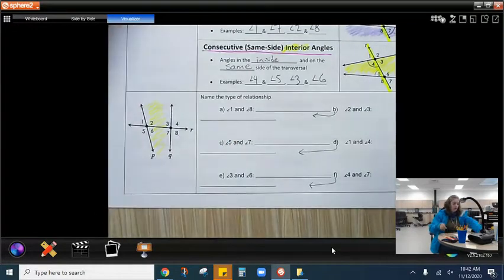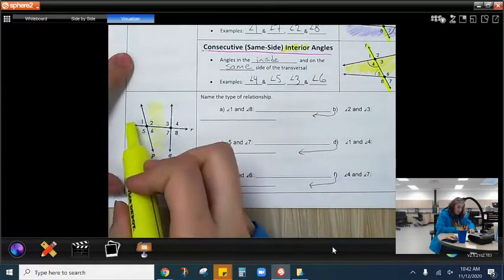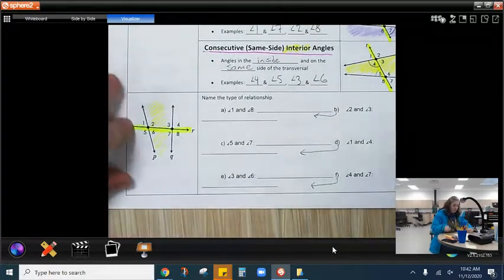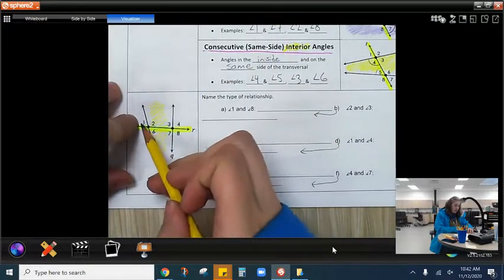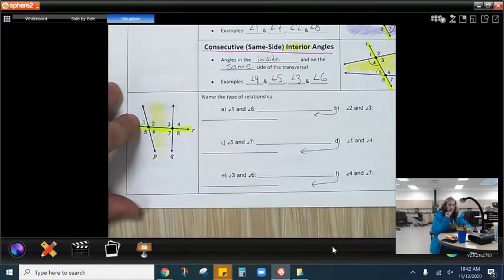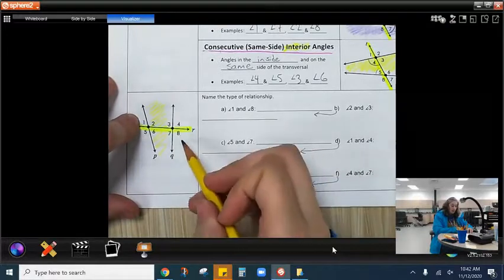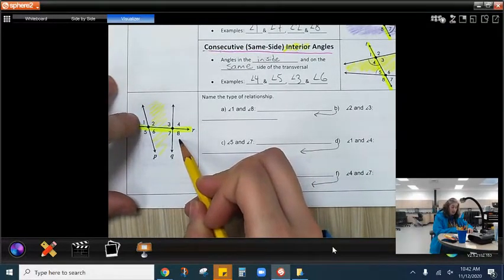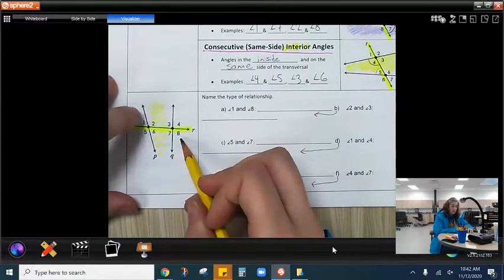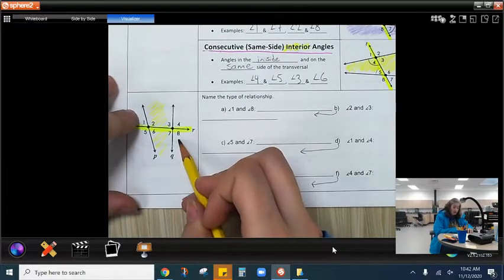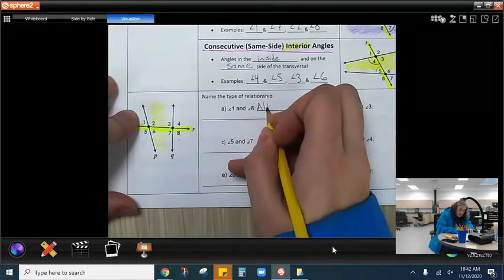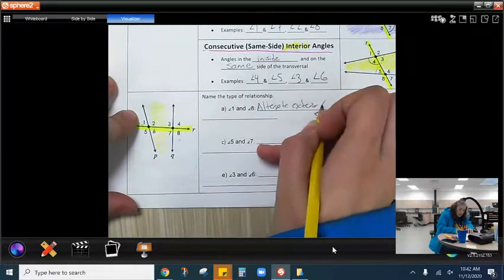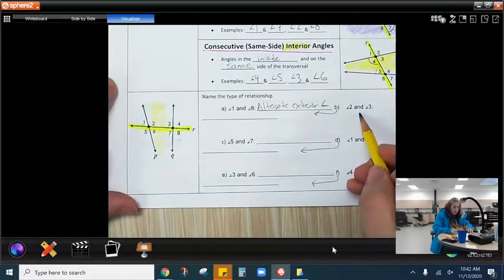Well, our transversal is line R because it's touching both P and Q. Angle 1 is in the upper left. Angle 8 is in the bottom right. So they are on opposite sides of the transversal. So this one must be alternate, and they are outside, exterior. So this is an alternate exterior angle.